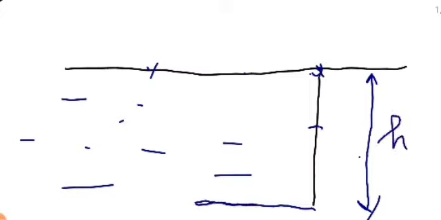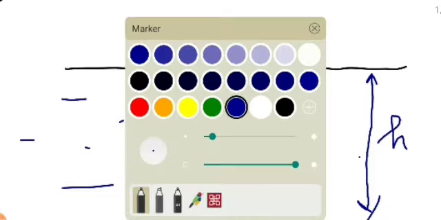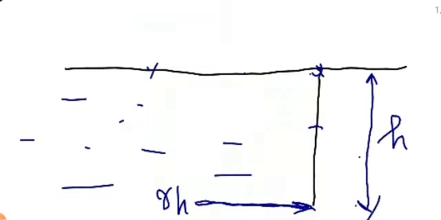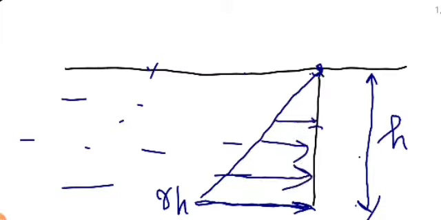The pressure at this point is nothing but gamma h. Okay, so from 0, the pressure due to the fluid on the vertical plane immersed inside water is as shown in the figure.